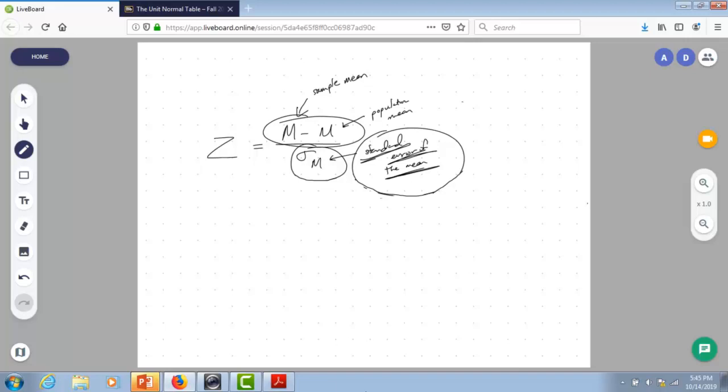Okay, so let's say we had a random sample. We're going to work a problem, folks, of n equals 4 scores. And we had a population mean of 20 and a population standard deviation of 4.